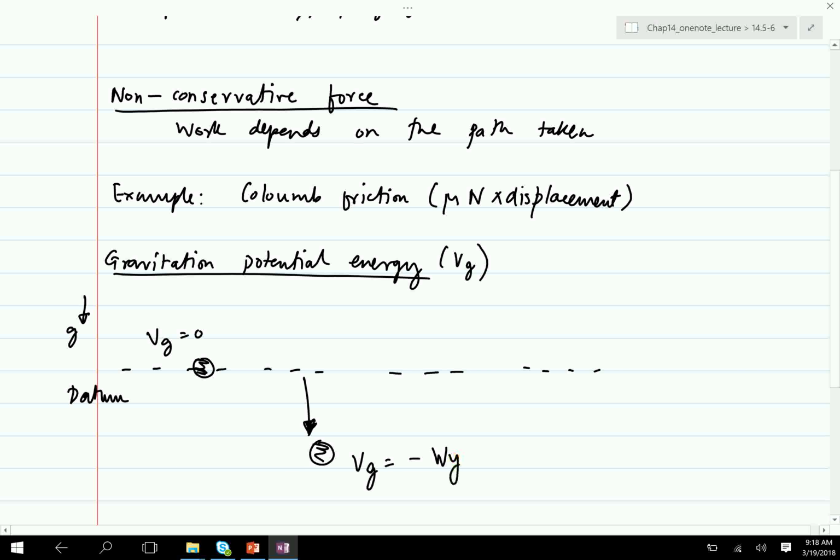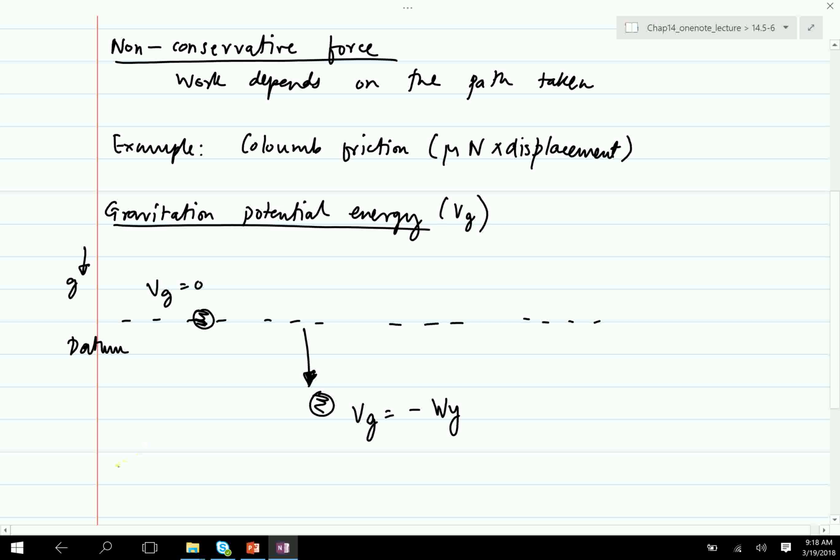It's the weight times the displacement. So this is y. W is the weight or mg. If we take the mass and move it up like so by distance y, then we say that the potential is positive.